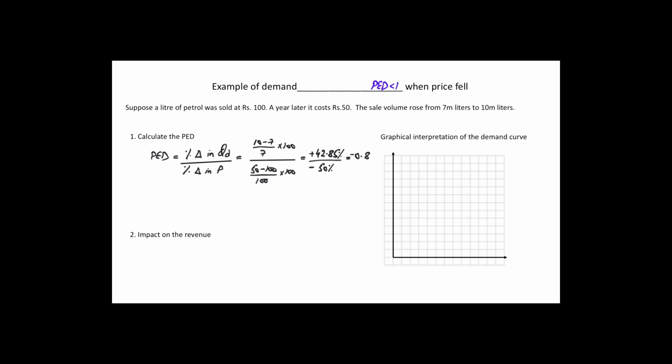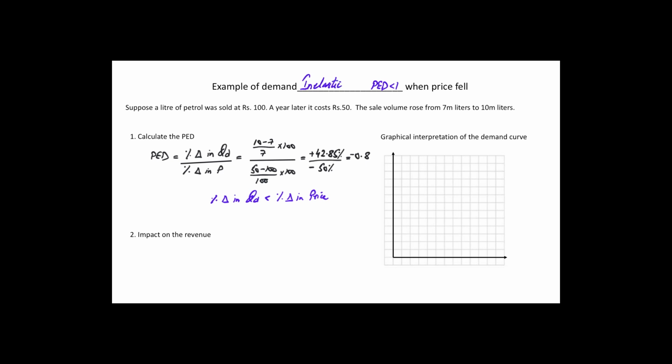All right, and since the percentage change in quantity demanded is less than the percentage change in the price, change in quantity is smaller, so we'll call it price inelastic.